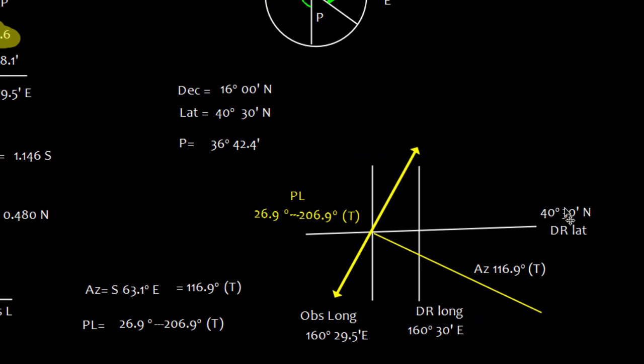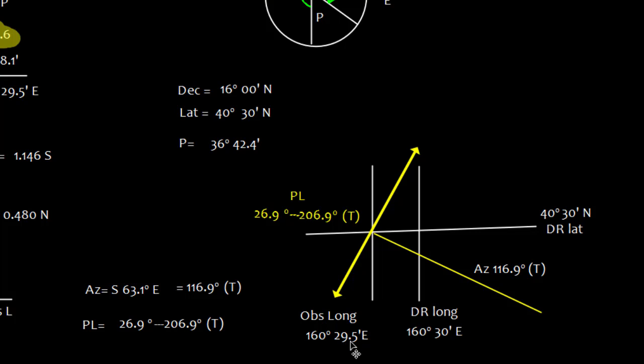So we are having this DR latitude and DR longitude, which is 160 degree 30 minute east. But we obtain observed longitude here, which is 160 degree 29.5. And if we note it carefully, this direction is east, this is west, and longitude is increasing.